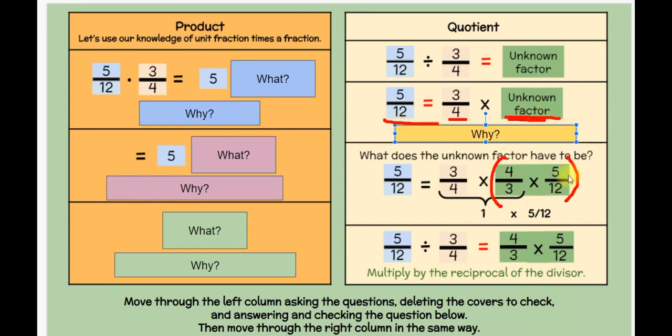So if I make up my own new unknown factor, I would put it as an equation of 4/3 times 5/12, because I know that these are going to cancel out to 1, which means that 5/12 gets to stay there, which really means I could have just kept this entire equation and eliminated a step. So I knew that 5/12 divided by 3/4 was the same as this step, 4/3 times 5/12.